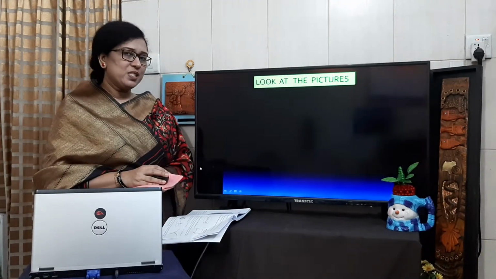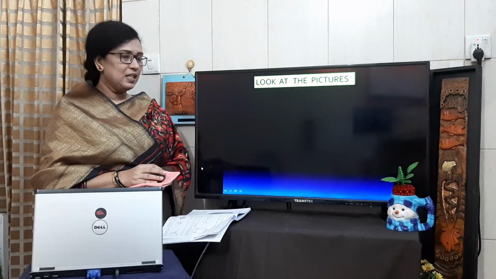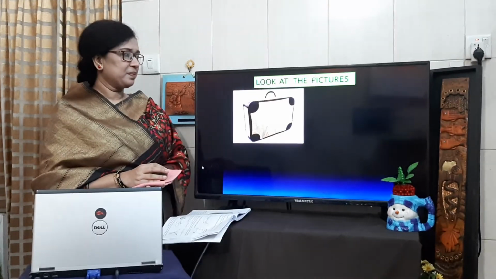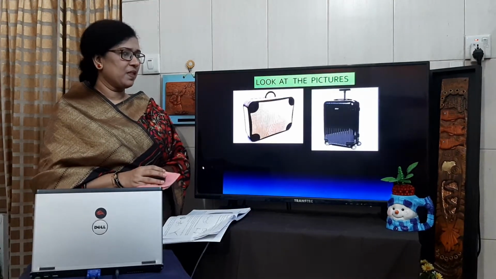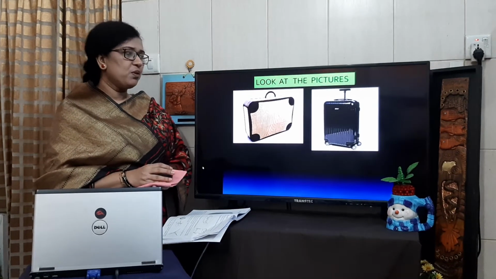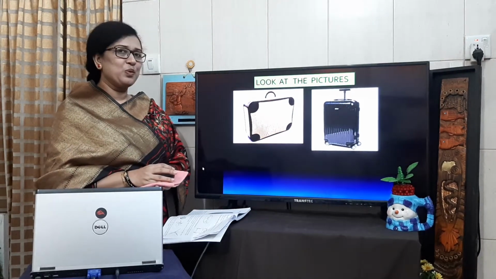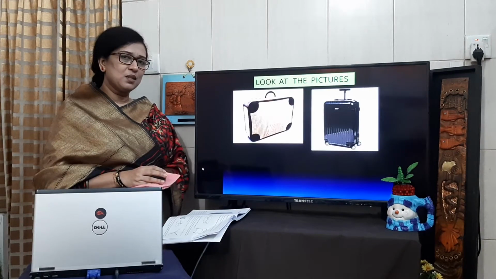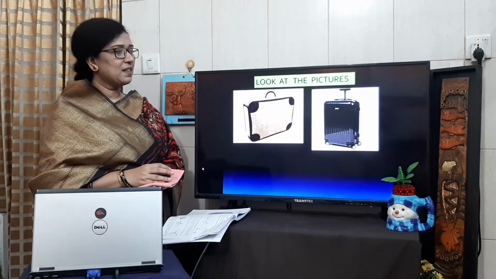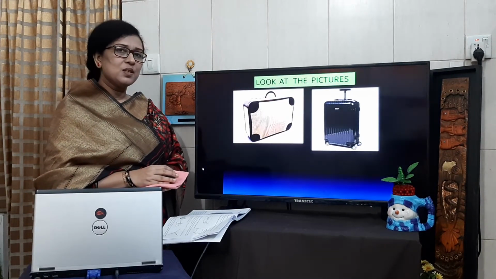Now before going to start this lesson, please look at these pictures. Have you ever seen this type of things? Yes, I think so. The first one is a briefcase or suitcase. The second one is also a suitcase.